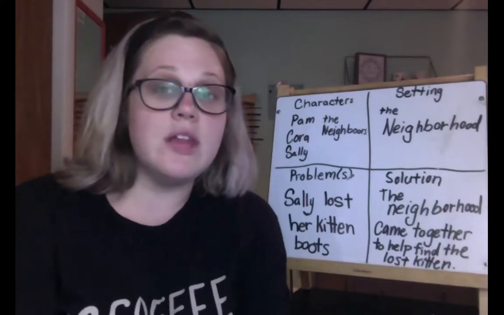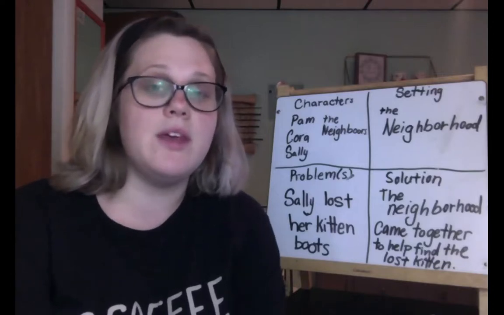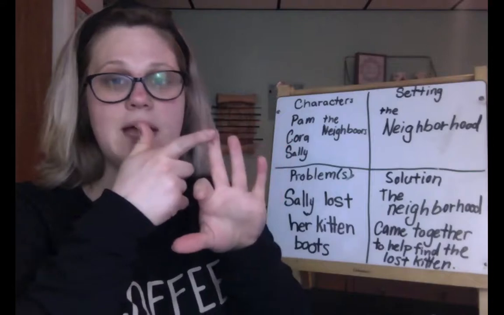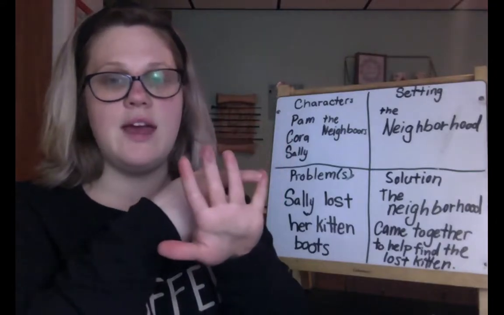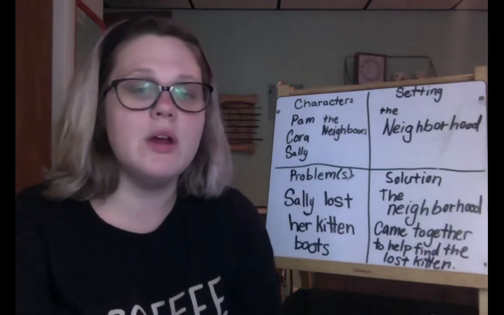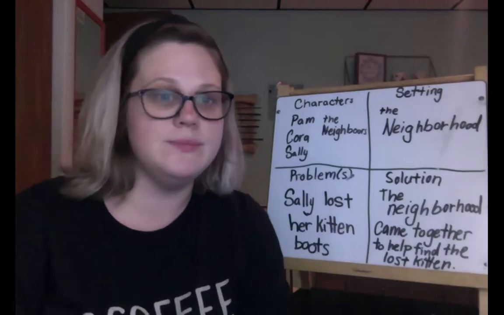So what I can do to tell a summary of this story is put it in order using the method: somebody, wanted, but, so, then. And when I'm thinking about that, I really want to hone in and think about what did that main character want.